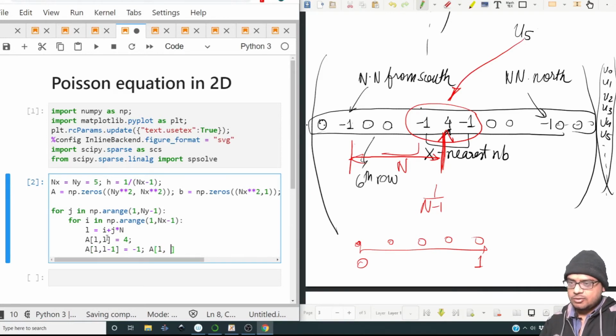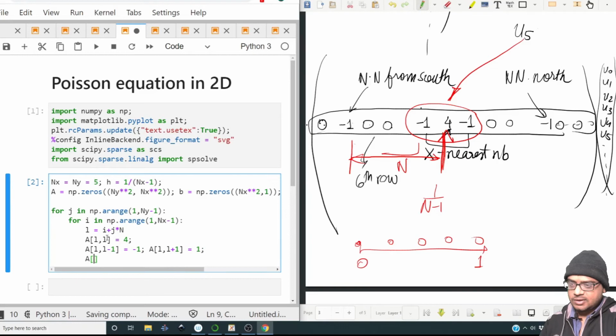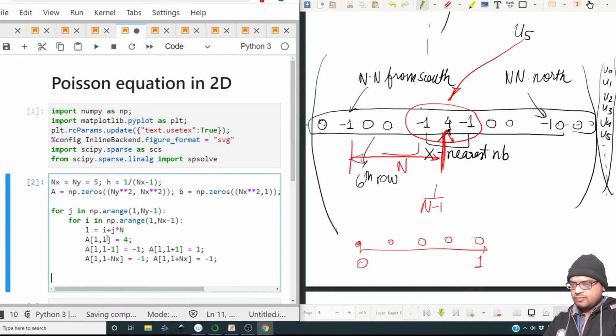A[l, l plus 1] is going to be 1, that's the neighbor from the east. A[l, l minus nx] is going to be minus 1, that's the neighbor from the south. And this is going to be A[l, l plus nx], and that's going to be the neighbor from the north. All right, so far we've just constructed the matrix A.